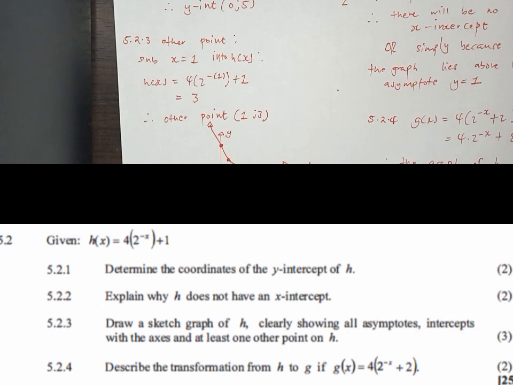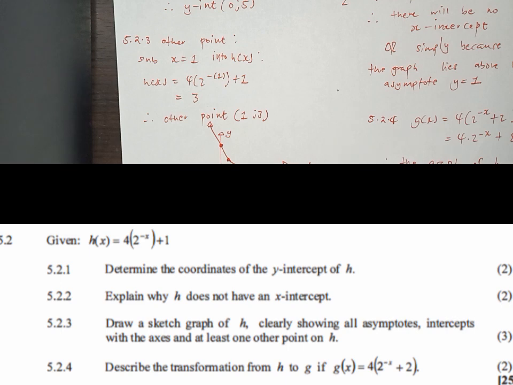That's our asymptote. And then you also need another point. So to find another point, you sub any value into h of x. Since x is an element of all real numbers, you can sub any value into h of x in order to find its corresponding y value.